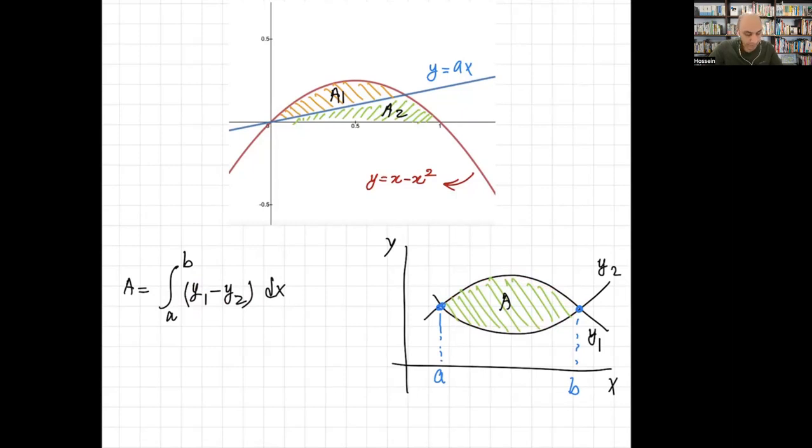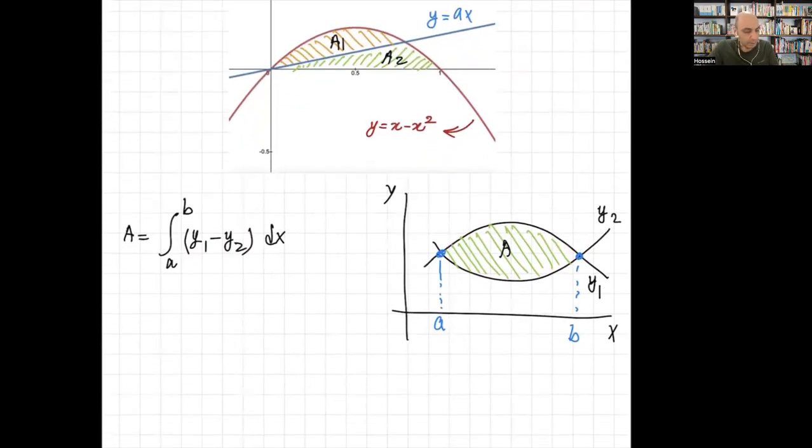Okay, knowing this, let's go ahead and solve the problem. Before using the integral, I wanted to find the points of intersection for this parabola, one here and one here. So if I say y is equal to x minus x squared, this is the equation of the parabola. And if I set this to 0, then I can find the intersection of this parabola with the x-axis.